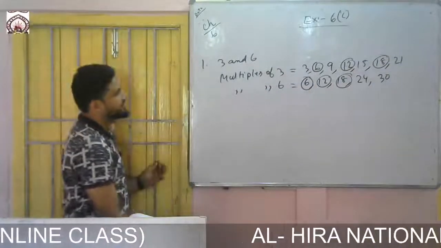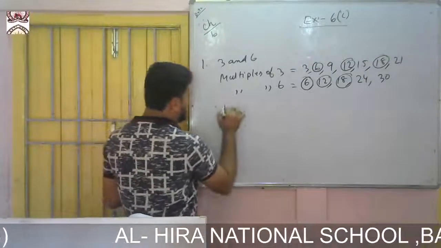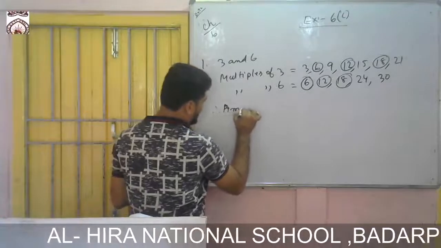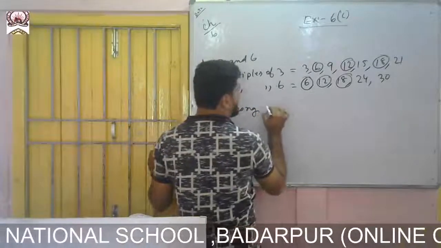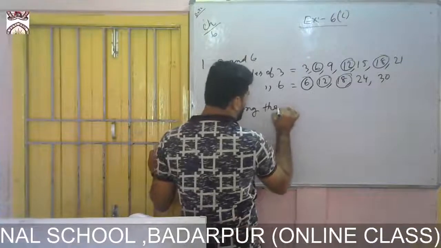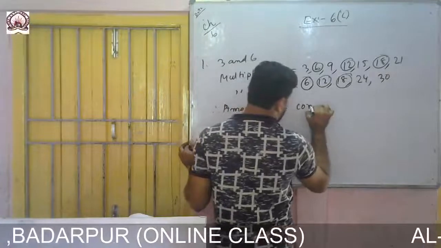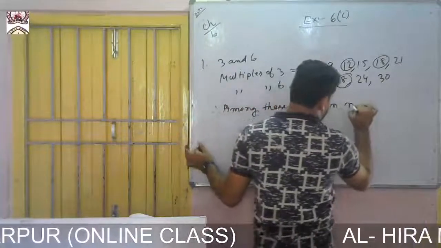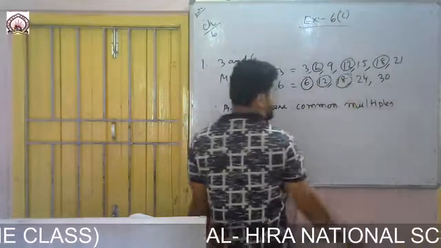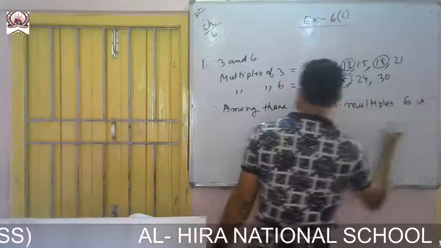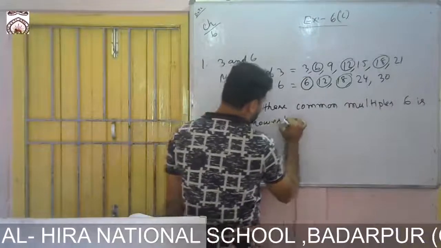So write: among these common multiples, 6 is the lowest multiple.